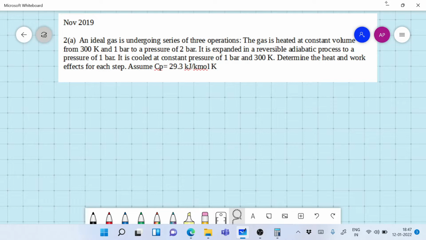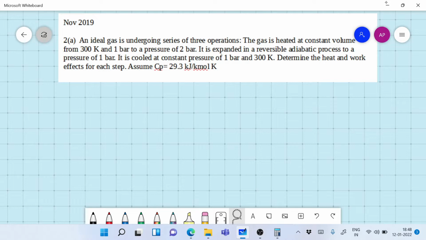Okay, now let's take up this problem. An ideal gas is undergoing a series of 3 operations. The gas is heated at constant volume from 300 Kelvin and 1 bar to a pressure of 2 bar. It is expanded in a reversible adiabatic process to a pressure of 1 bar.